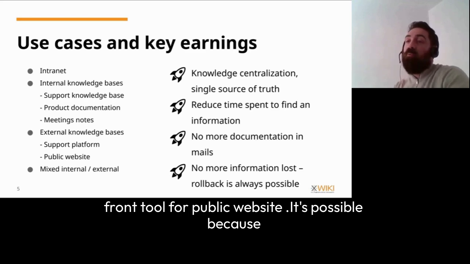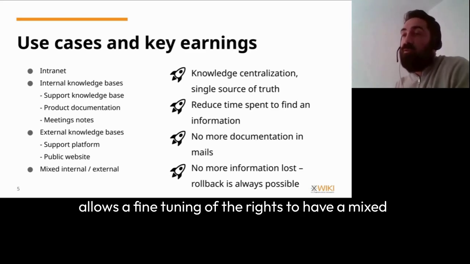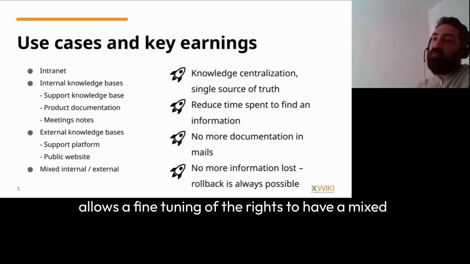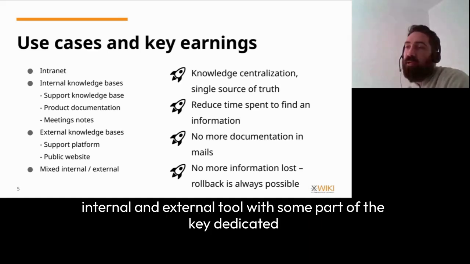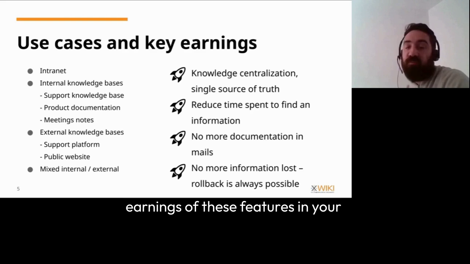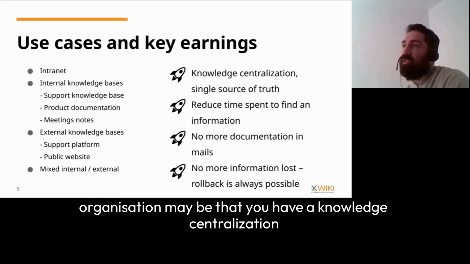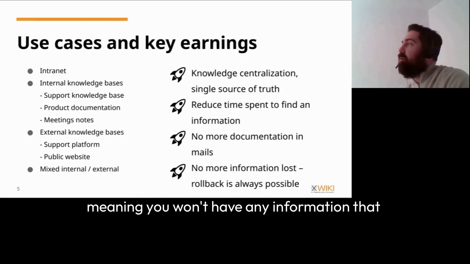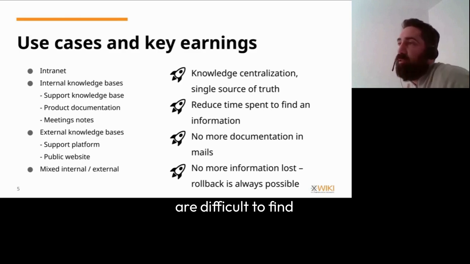It's also possible, because XWiki allows a fine-tuning of the rights, to have a mixed internal and external tool with some part of the hierarchy dedicated to your external users, for example. So the key gains of these features in your organization may be knowledge centralization, meaning you won't have any information that is difficult to find.